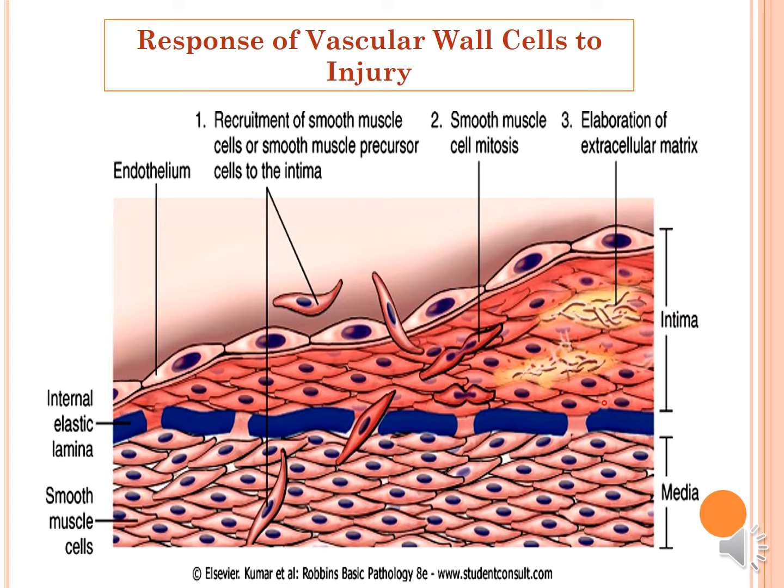So with time, after the onset of injury in the wall of the endothelial cells, the major change that will be distinct in the wall of the blood vessel is the abnormal thickening that will happen in the intima, as you can see in this diagram.